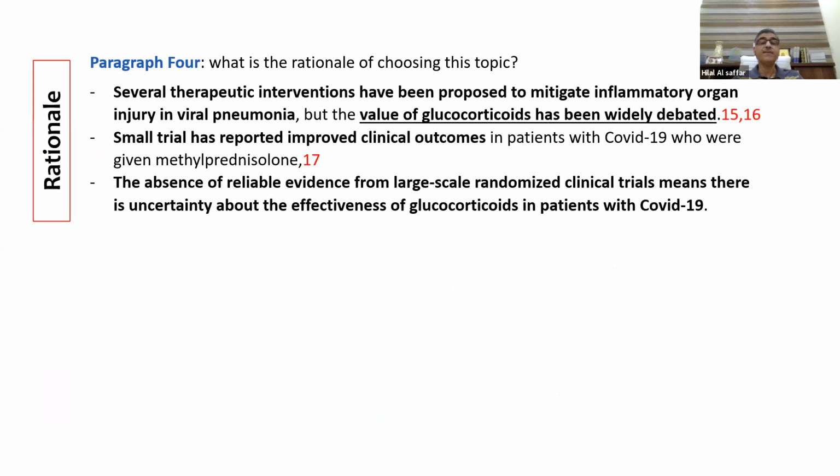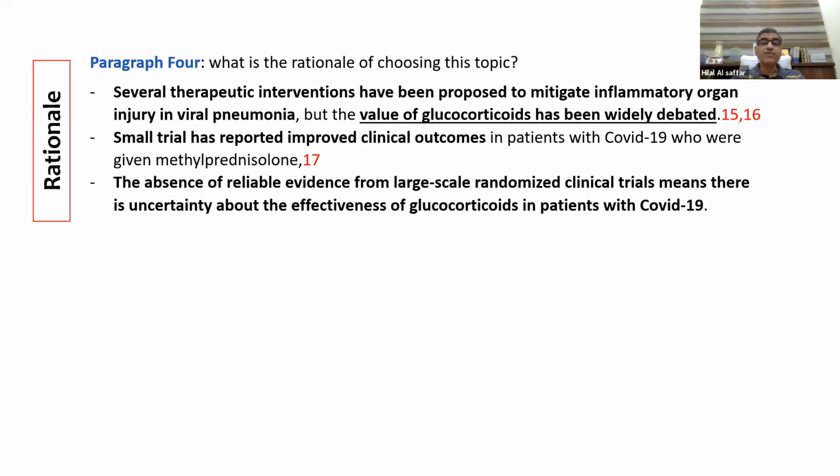As you can see, the author said that, based on the previous paragraph showing a relation between inflammation and severity of disease, glucocorticoid use is debatable because only small trials have used steroids. So this gives the author the right to choose this topic in order to find a solution for it. So this is the rationale.